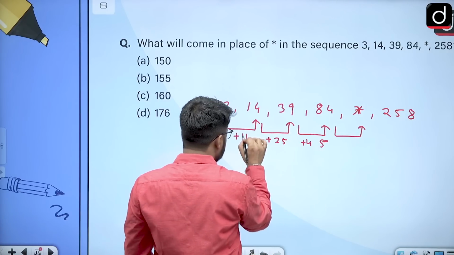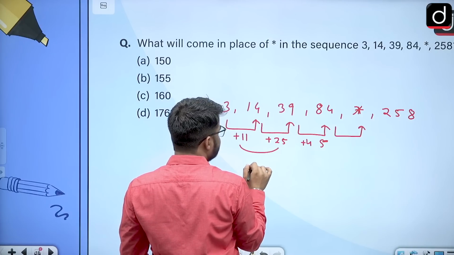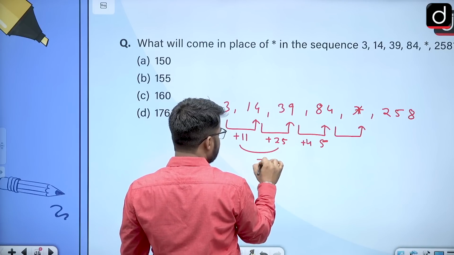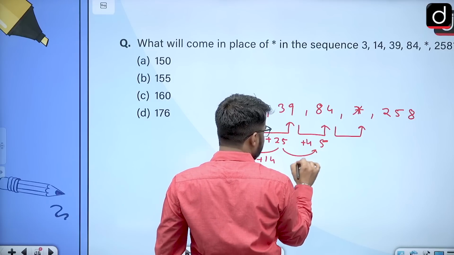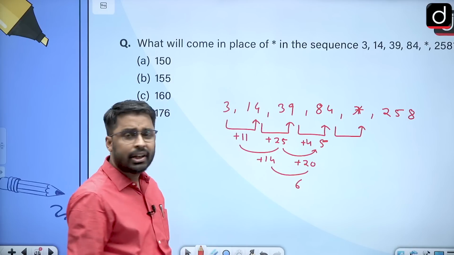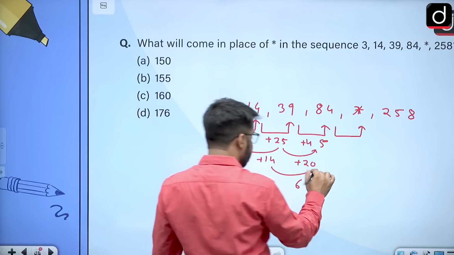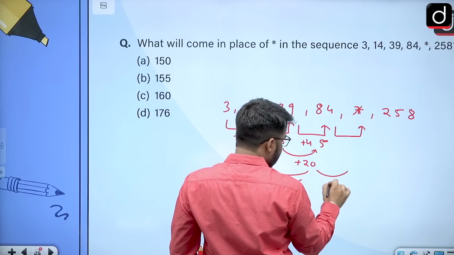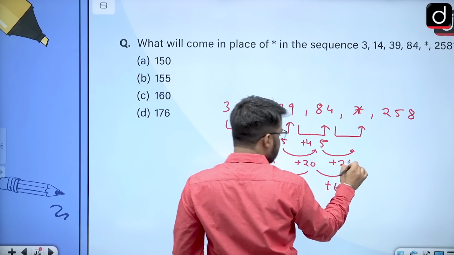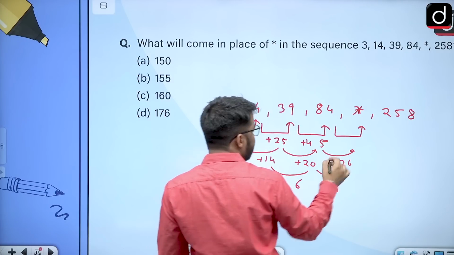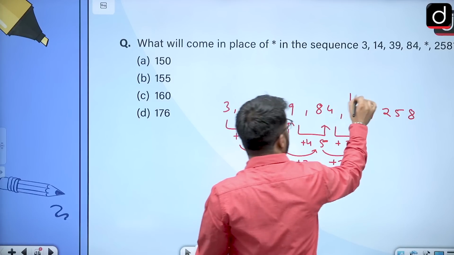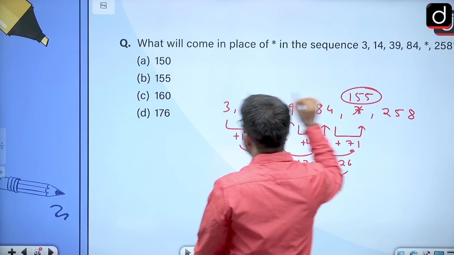Now the difference between 11 and 25 is 14, between 25 and 45 it is 20. The difference between 14 and 20 is 6. Let's say if this same difference continues, then the next difference should be 26. That means the next term should be 45 plus 26, 71. Now 84 plus 71 will be 155, which is there in the option.